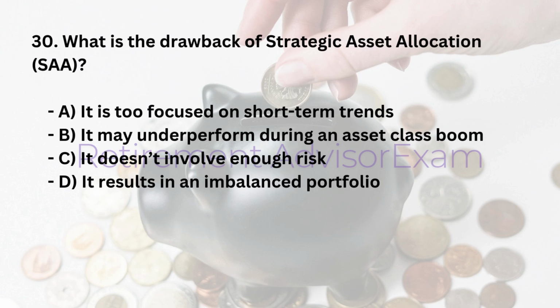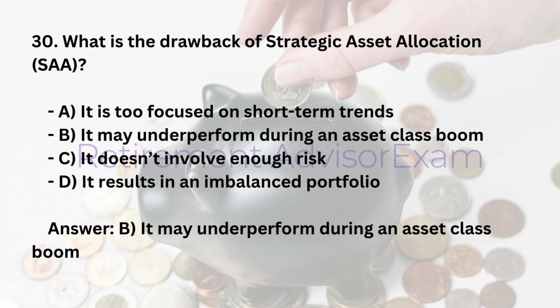What is the drawback of strategic asset allocation, SAA? A. It is too focused on short-term trends, B. It may underperform during an asset class boom, C. It doesn't involve enough risk, D. It results in an imbalanced portfolio. Answer: B. It may underperform during an asset class boom.